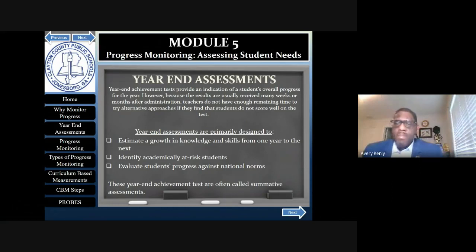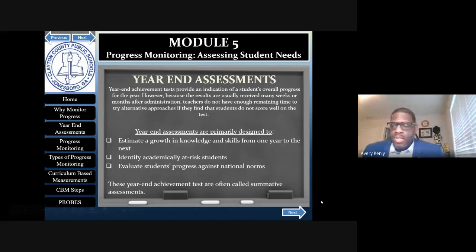Year-end assessments are primarily designed to estimate growth in knowledge and skills from year to year, to identify academically at-risk students, to evaluate students' progress against national norms, and finally, year-end achievement tests are often called summative assessments because they measure what has happened over a given period of time and, in some instances, finality.